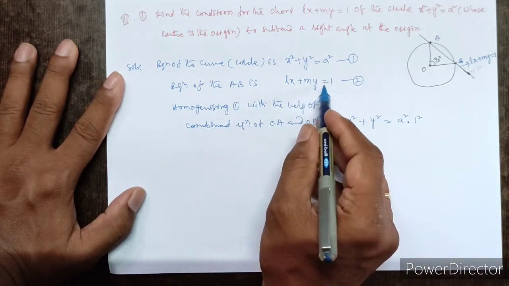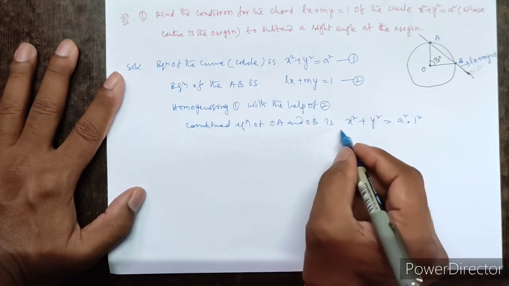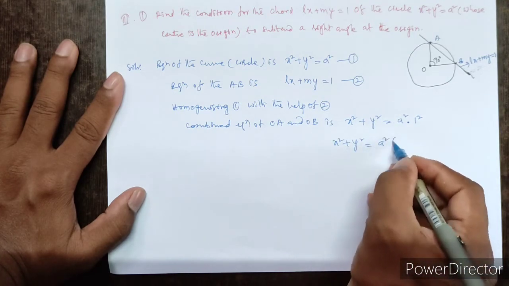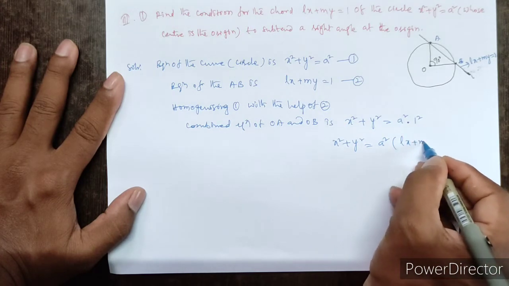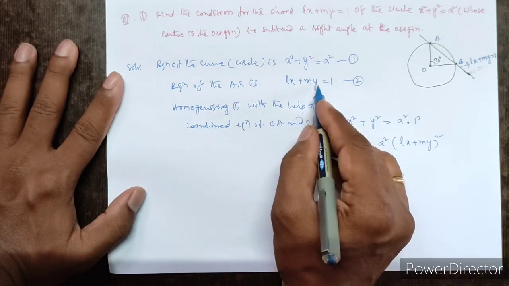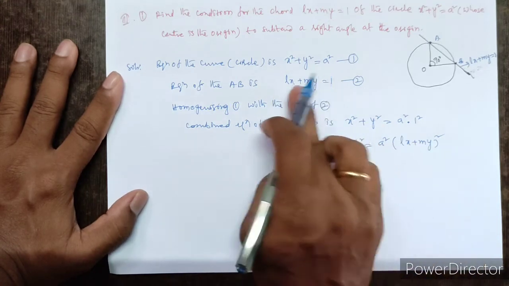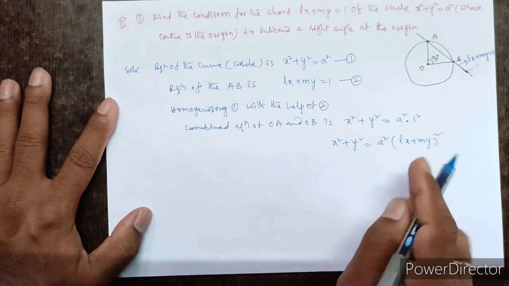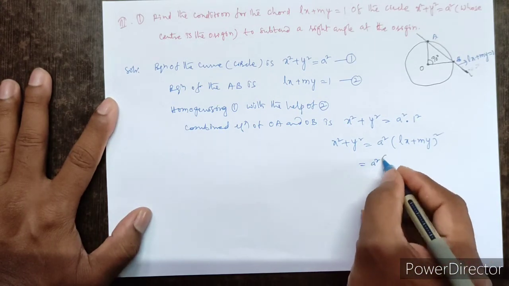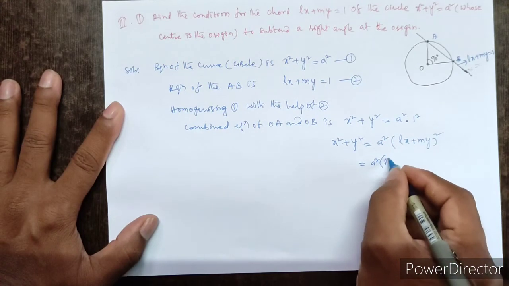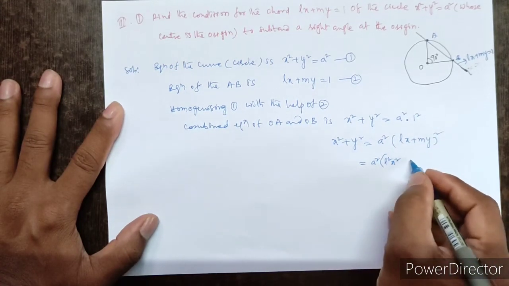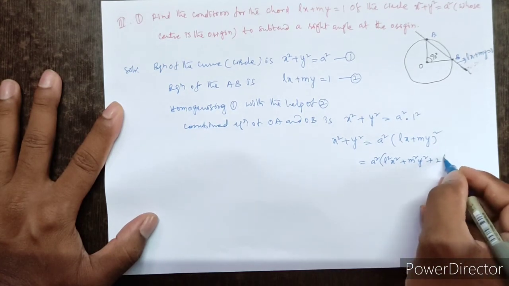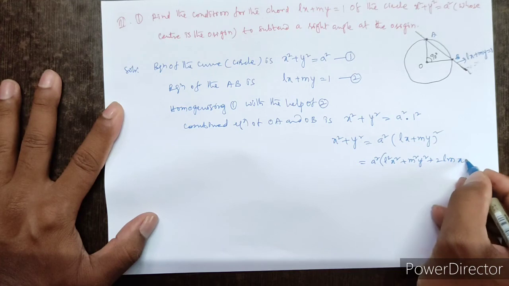What they have already given is one value: x square plus y square equal to a square of Lx plus My whole square. Then 1 square is nothing but Lx plus My whole square, that equals a square of L square x square plus m square y square plus 2lm xy.